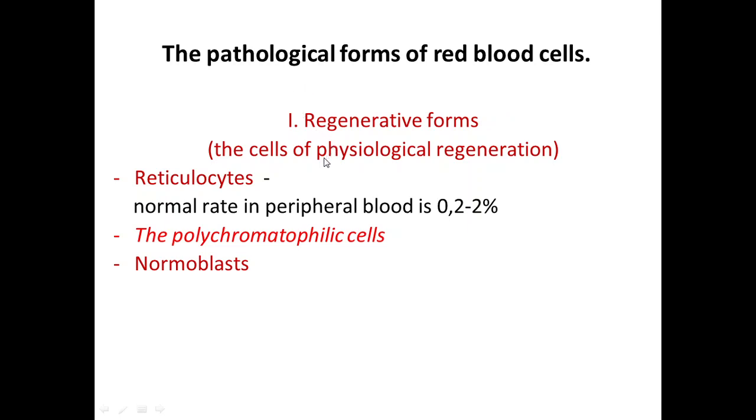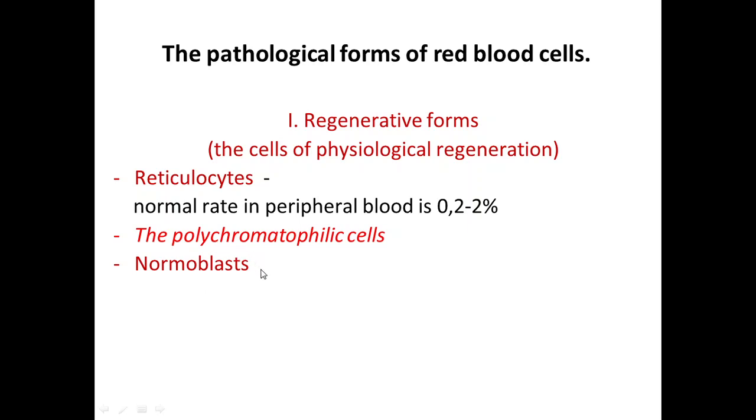Regenerative forms, or the cells of physiological regeneration, are immature forms which are found in blood in different types of anemias. They include reticulocytes, polychromatophilic cells, and normoblasts.